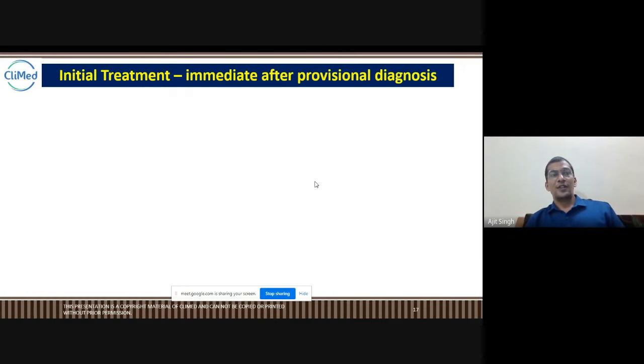Suppose your patient is diagnosed with NSTEMI or STEMI, or unstable angina, which is quite frequent, and you can make it out because your Trop T is high in that case.